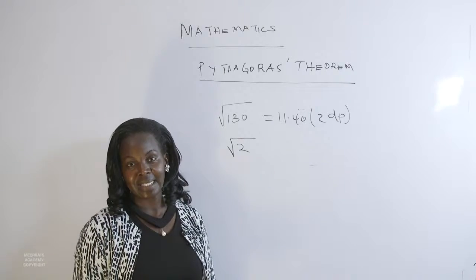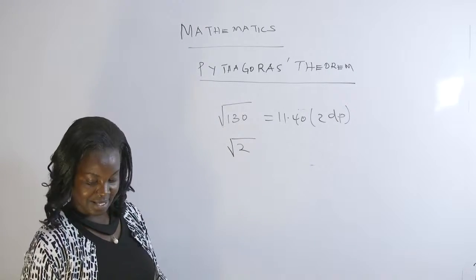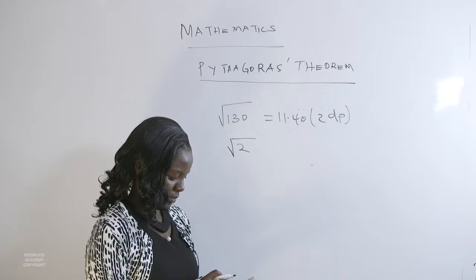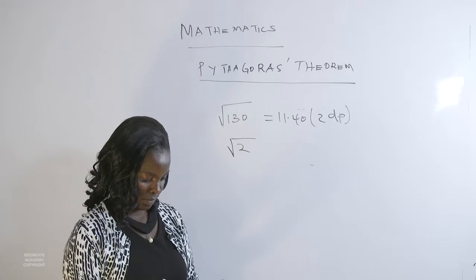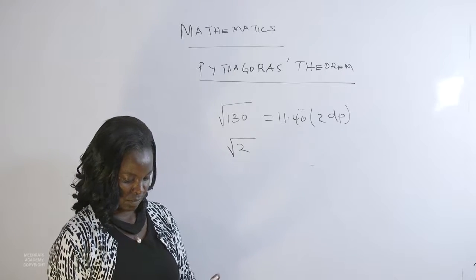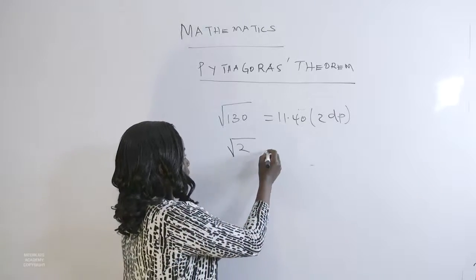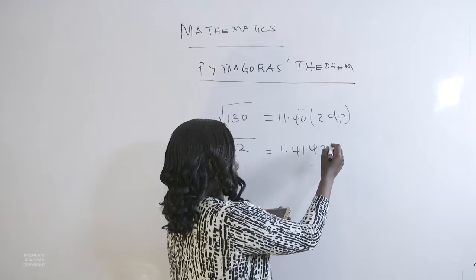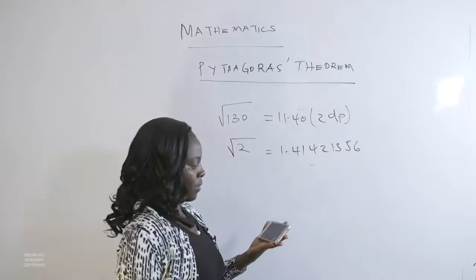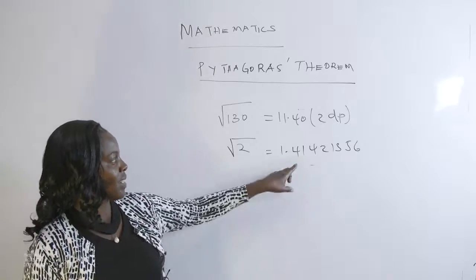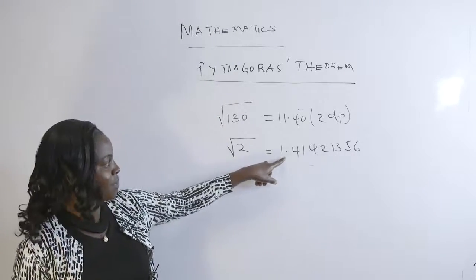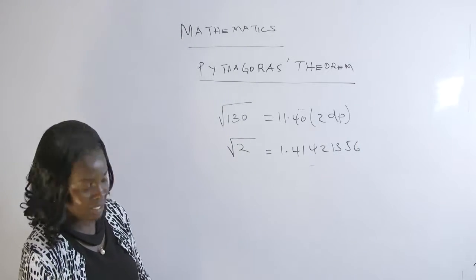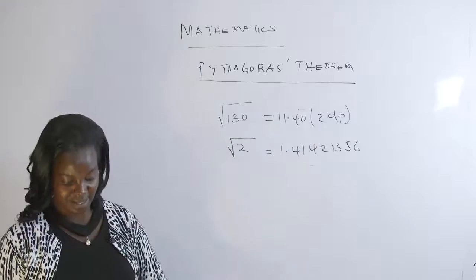If you press the square root of 2 in your calculator, you realize that it continues, and there is no repeated pattern. So you'll continue writing the decimals forever. So these numbers here are called surds.